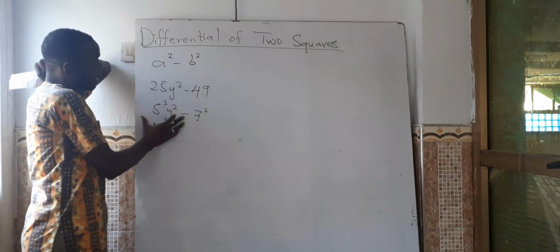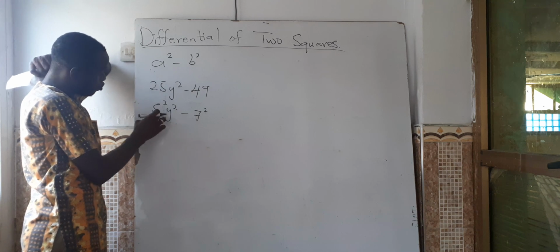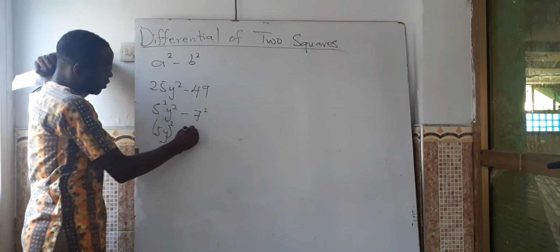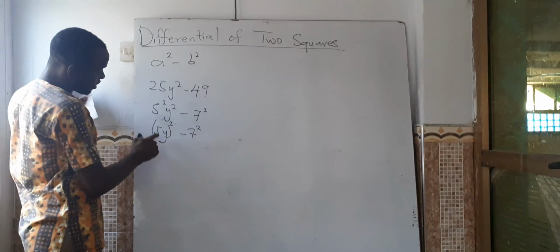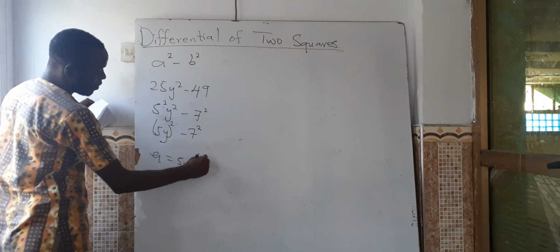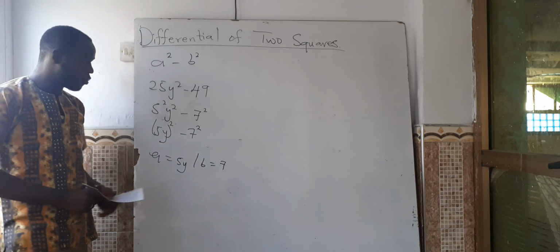So automatically I have turned this expression into difference of two squares, because this one and that one I can rewrite and make it like this, okay? So now in this expression, when I compare it with a squared minus b squared, my a will be equal to 5y, and then my b will be equal to 7. All right, I'm hoping you are getting the explanation, okay?